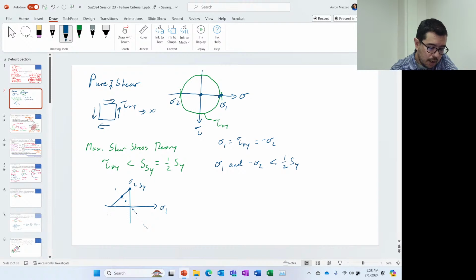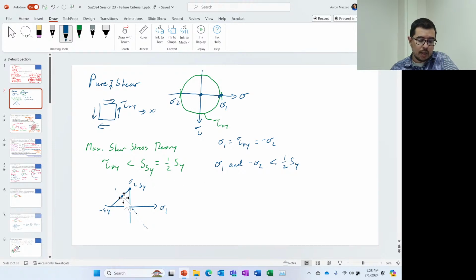The threshold is when I have a situation where it hits this line on the border of the sigma 1, sigma 2 domain, and that is going to result in failure. If I continue on this line outside, that means that sigma 1 and minus sigma 2 have become somehow greater than half of the yield strength.